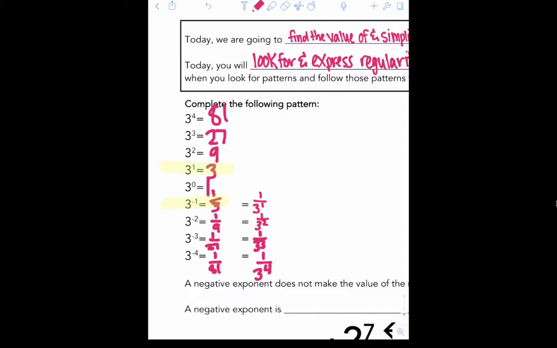So notice that these are inverses, but also notice that the negative exponent makes the value move to the denominator and the exponent becomes positive. So if you have a negative exponent, invert it, creating a fraction, or if it's in the denominator, moving it to the numerator, and then make the exponent positive.